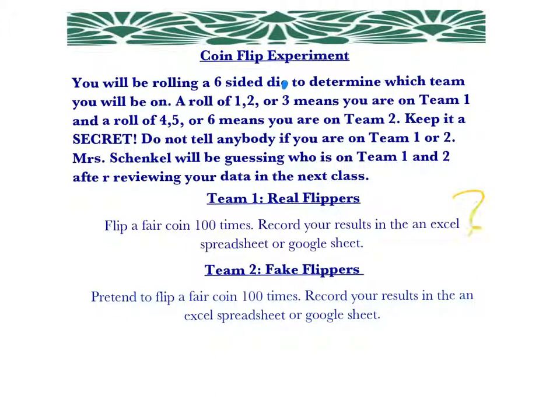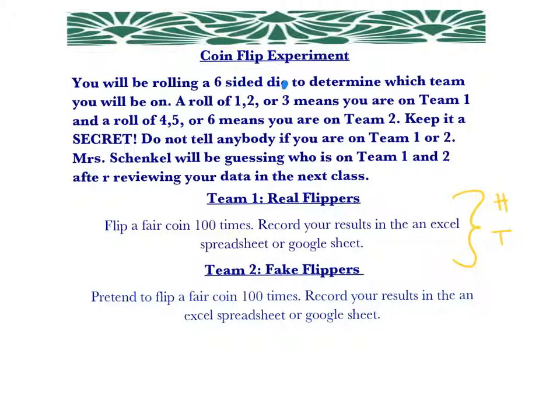So now let's talk about what happens once you're on one team. If you're on team 1, you are a real flipper. You're going to flip a fair coin 100 times and you're going to record your result in an Excel spreadsheet or a Google sheet to show me. You can just denote a head with an H and a tail with a T. Team 2, you are going to be a fake flipper.